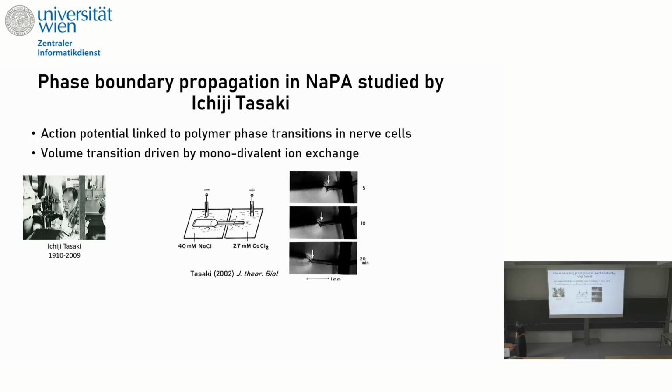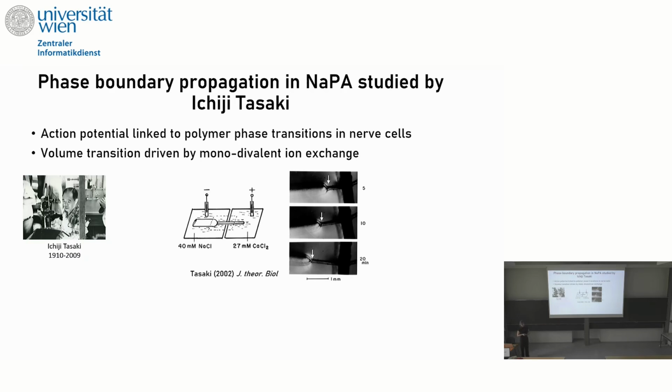To mimic the geometry of the nerve cell, he used cylindrical sodium polyacrylate gels, where one edge was immersed in a 27 millimolar calcium chloride solution, and the second edge was immersed in 40 millimolar sodium chloride. These gels were immersed in the equilibrium solution overnight before the experiment.